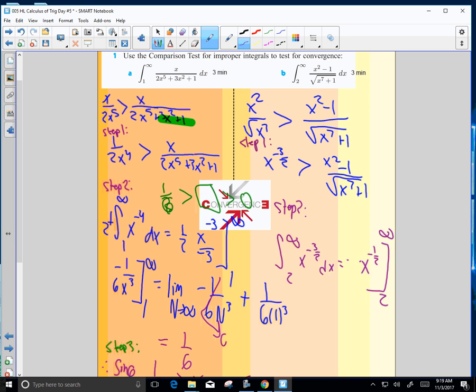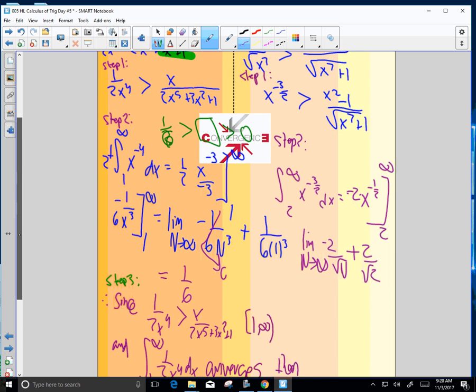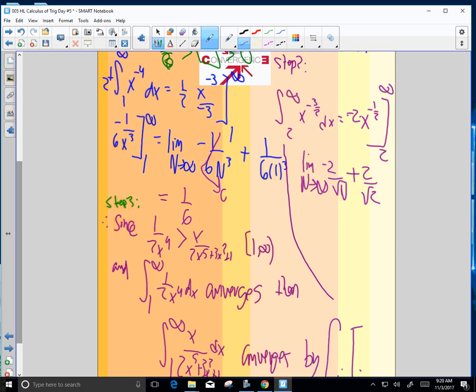So this is going to be negative 2. Thank you. So then this is going to be the limit as n goes to infinity of negative 2 over the square root of n minus a negative 2 over the square root of 2. And what will this simplify to? This goes to what? 0. And this will just be 2 over the square root of 2.